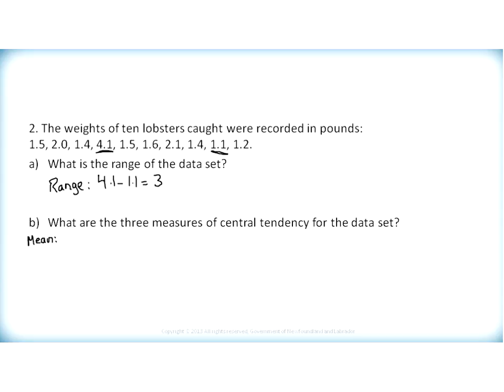recall that we have to add all our numbers together and then divide by the total amount of numbers. So that'd be 1.5 plus 2.0 plus 1.4 plus 4.1 plus 1.5 plus 1.6 plus 2.1 plus 1.4 plus 1.1 plus 1.2, and divide all that by 10.